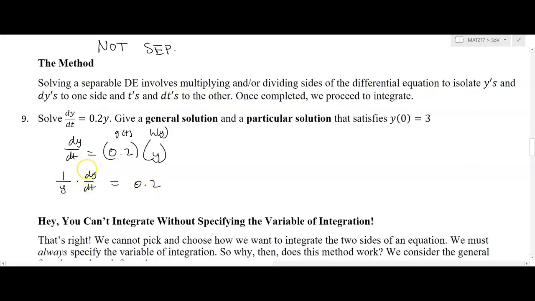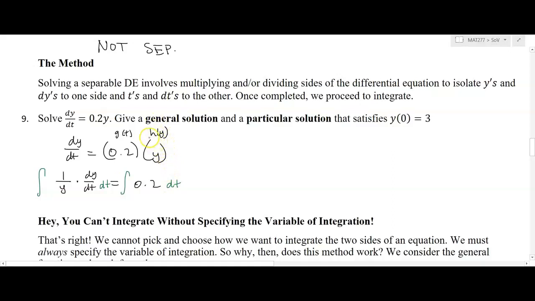Now the multiplication piece, or rather division, which is multiplication by an inverse, is very convenient because now I'm going to integrate both sides with respect to t. And that's the only step that we needed to do in order for this to work out.